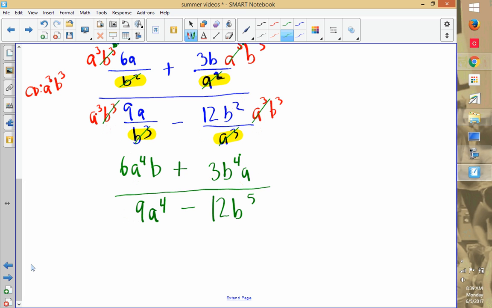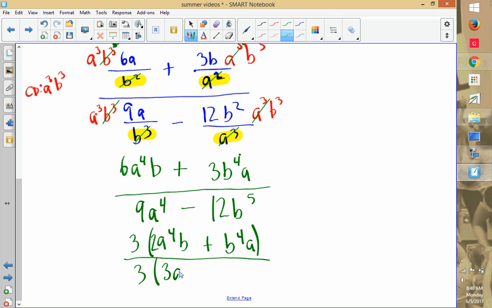Now the one thing that I'm going to look at is coefficients. I haven't talked about them yet. 6, 3, 9, and 12 all have a factor of 3 that I can factor out. So I'm going to do that. Factor out of the numerator, factor out of the denominator.